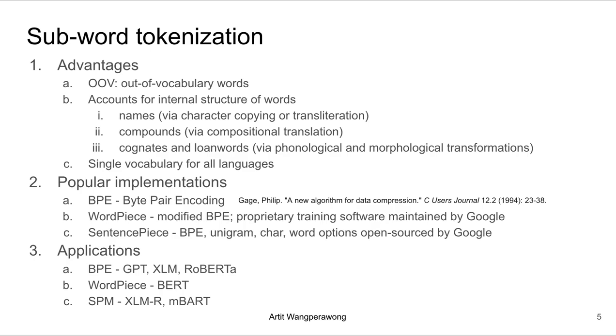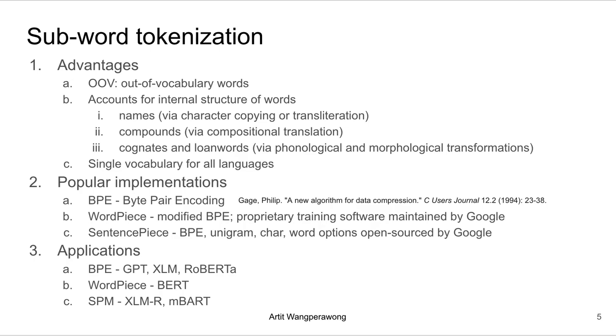Now, popular implementations of subword tokenization include, firstly, BPE, byte pair encoding, and word piece, which is essentially a modified byte pair encoding, which is proprietary training software maintained by Google.